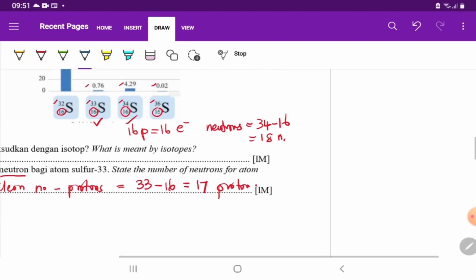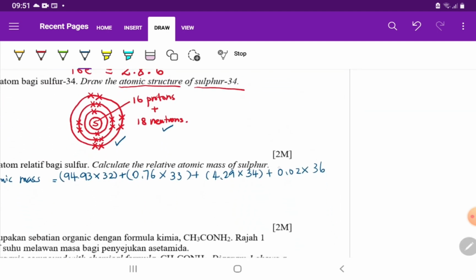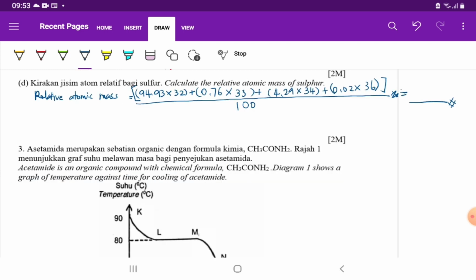Okay, 36, not 35, right? Total up, then divide by 100. So you will get 32.09. Your answer is 32.09, the relative atomic mass.